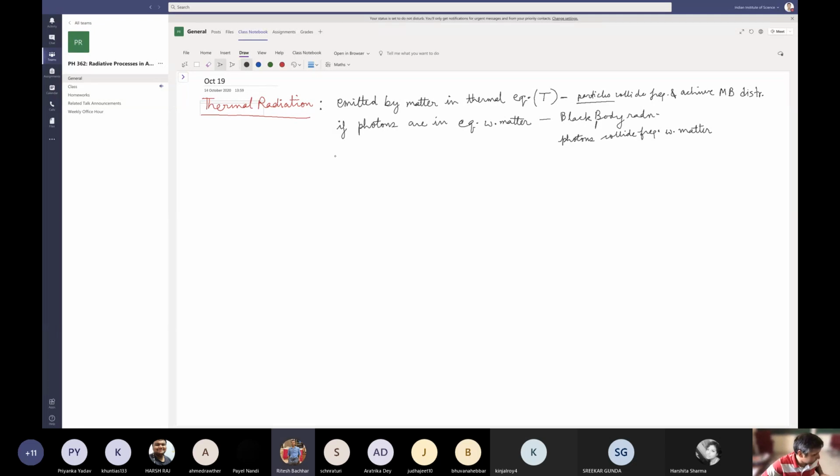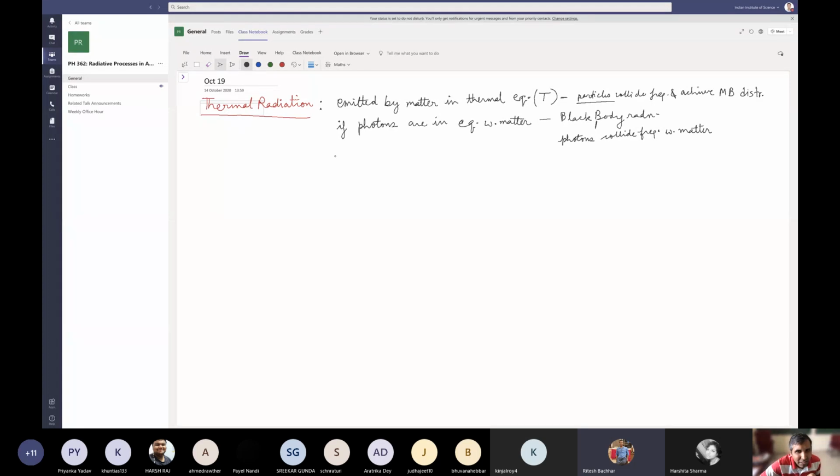Sir? Oh, yes. So in this Maxwell-Boltzmann distribution of the particle. Please speak your name as well so that I know who is there. Ritesh. Okay, Ritesh.